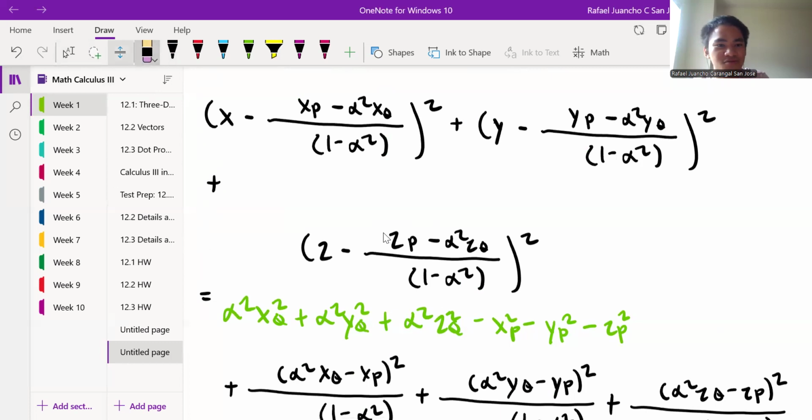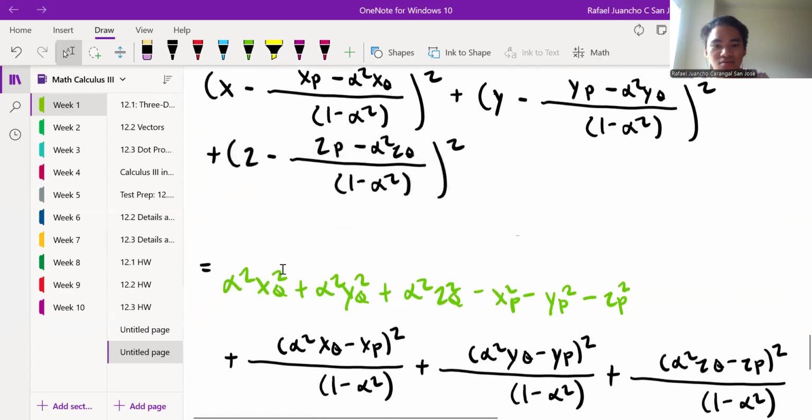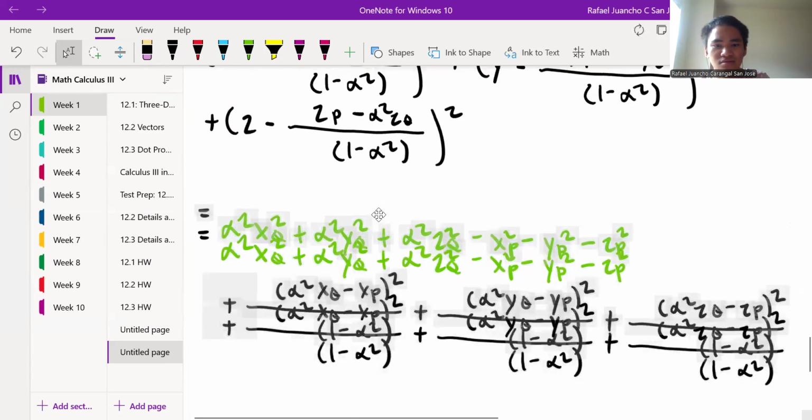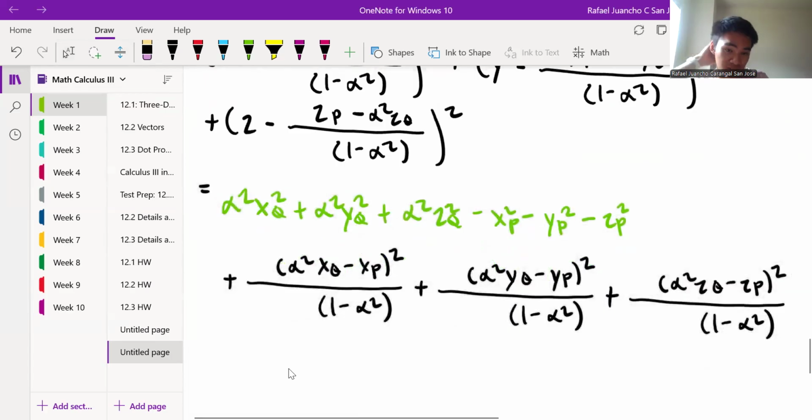Oh, there's already another plus here. Okay. And we're equating it to this thing right here. But this thing, we're dividing everything by 1 minus alpha squared, right? So how do we do that? Well, yeah, we just divide everything by it. So it's this whole thing.